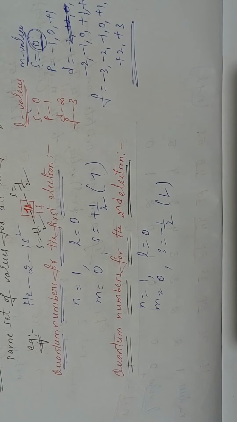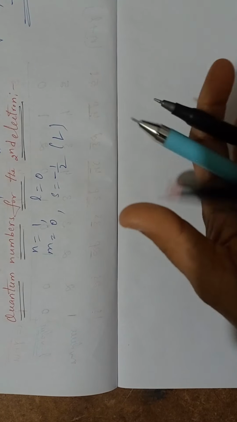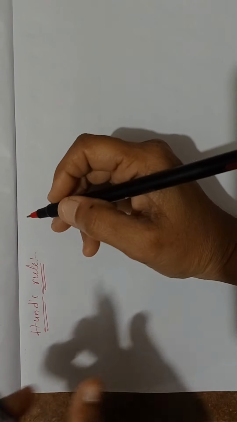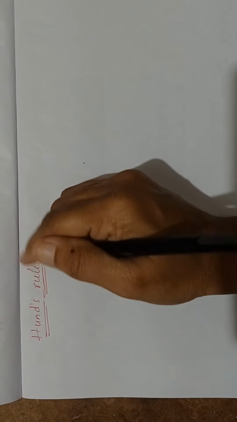Understood, students? Now I am going to discuss Hund's rule. Next rule, Hund's rule. Now, what is Hund's rule, students? So, pairing of electrons. First of all, I will write the definition.